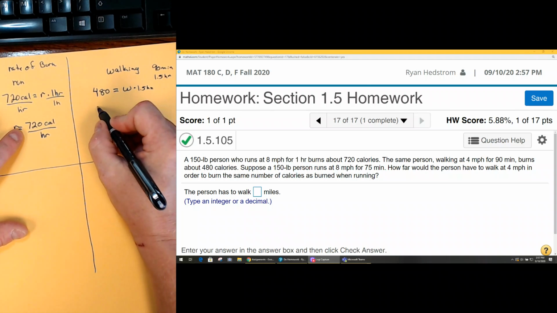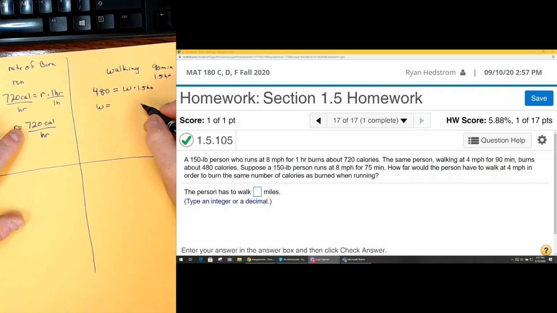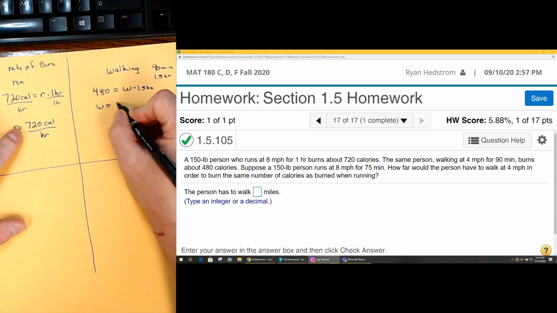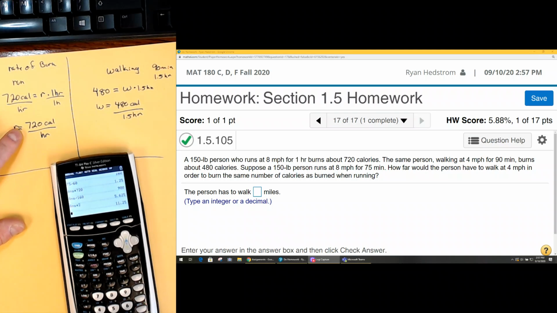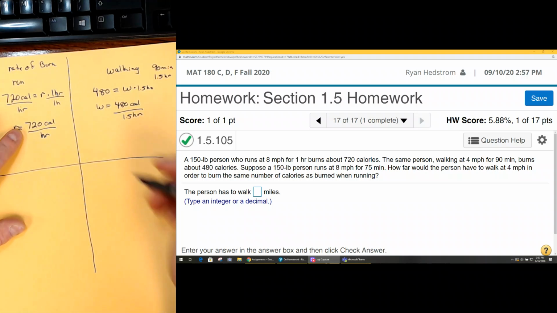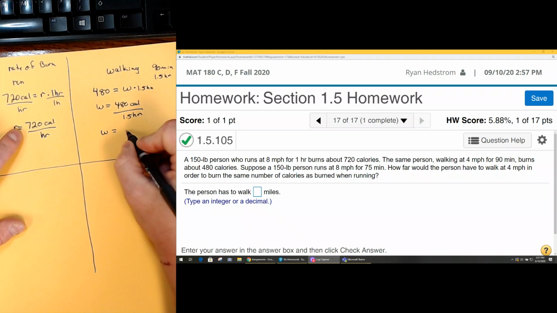So now W, my walking burn rate, is going to be 480 calories divided by 1.5 hours. And that's going to give me 320 calories per hour.